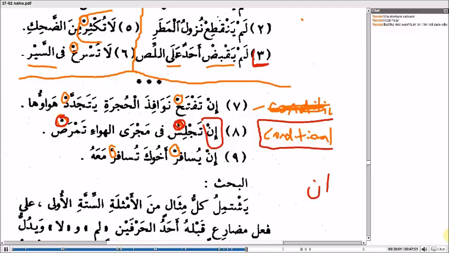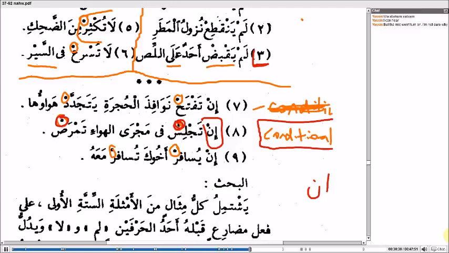It exists a lot too, but I just can't think of it, you know? You're trying to find something that is conditional, like bring, call upon your false deities if you are in kuntum sadiqin?